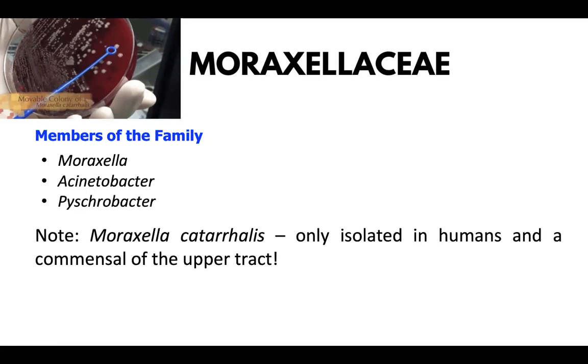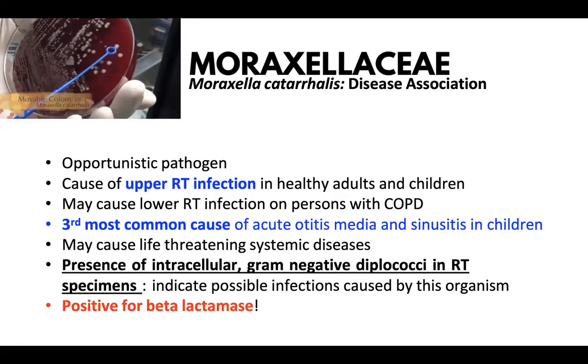Note that Moraxella catarrhalis is only isolated in humans and part siya ng ating upper respiratory tract microbiota. So disease association, it's an opportunistic pathogen, known to cause infections in immune-compromised individuals. It could cause upper respiratory tract infections even in healthy people and in children.